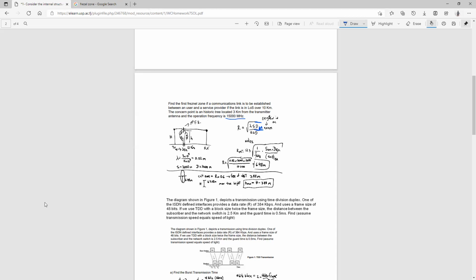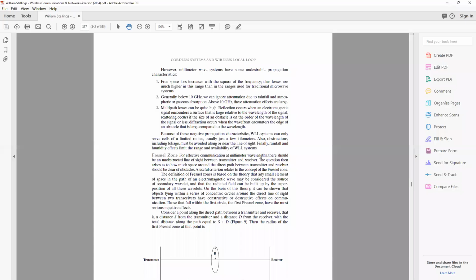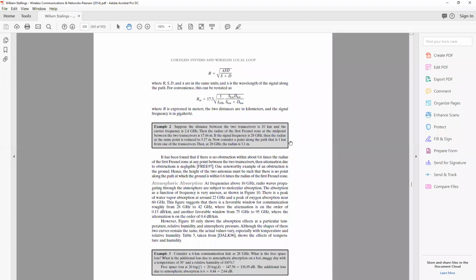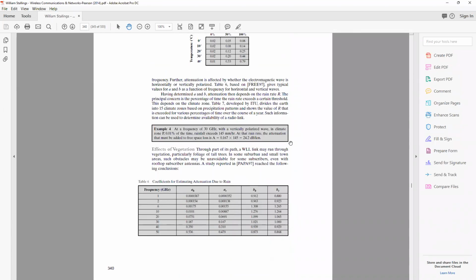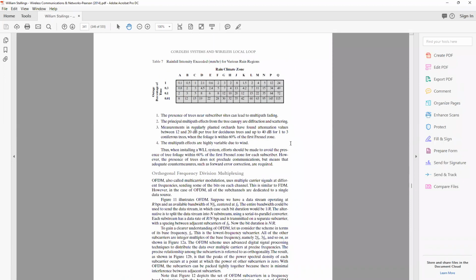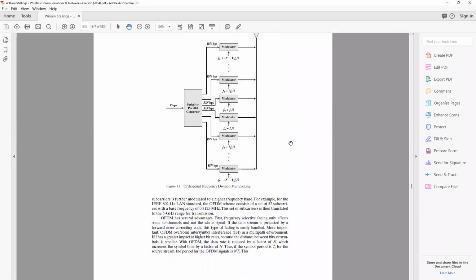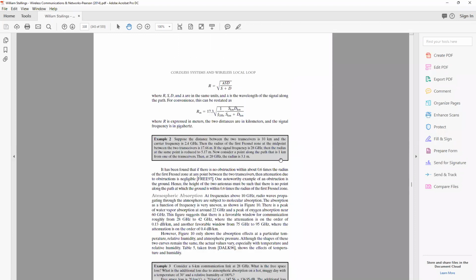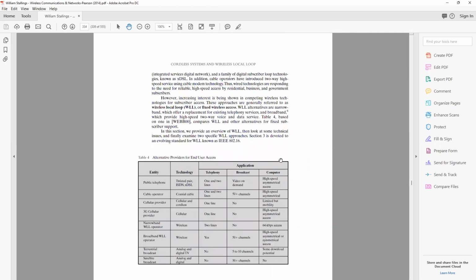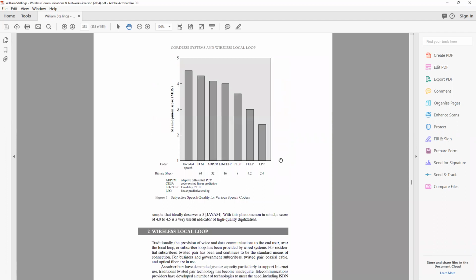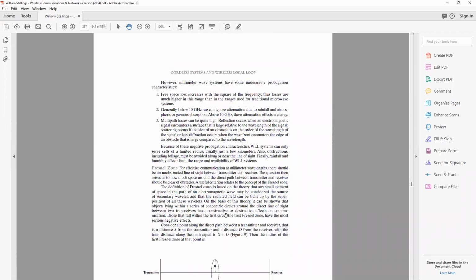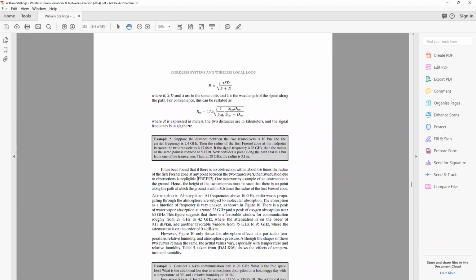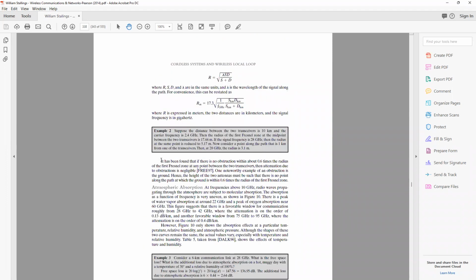To do that, we go back to our textbook. In our textbook, you can see over here, the IEEE standard is actually directly written.